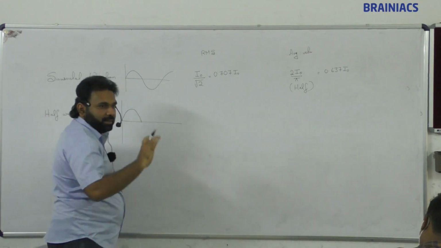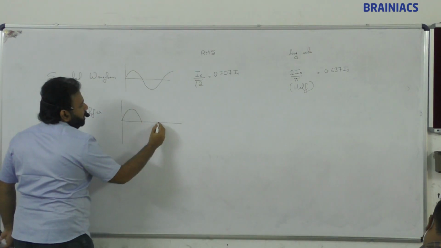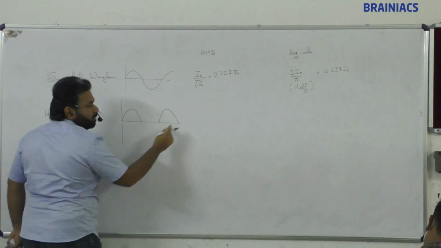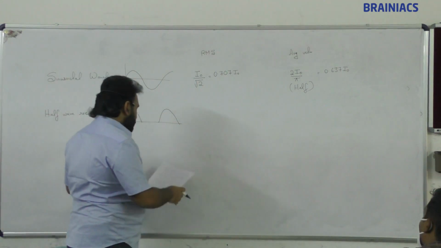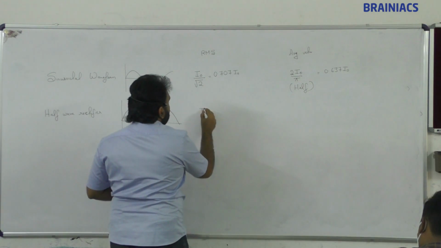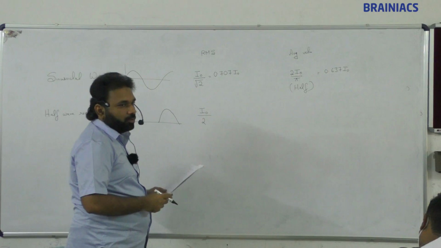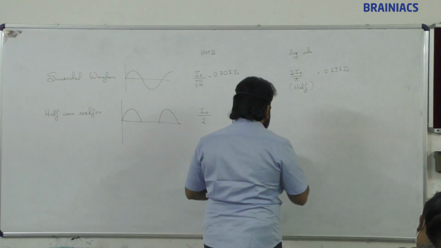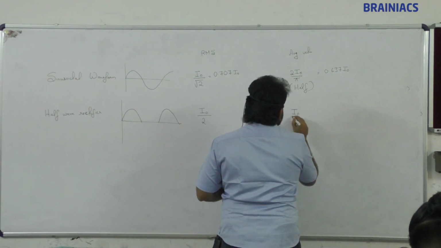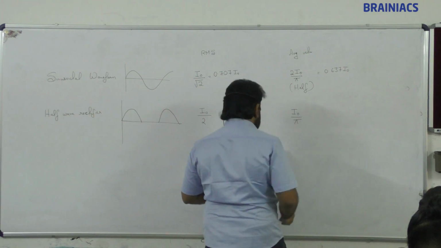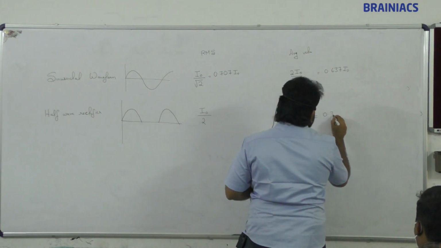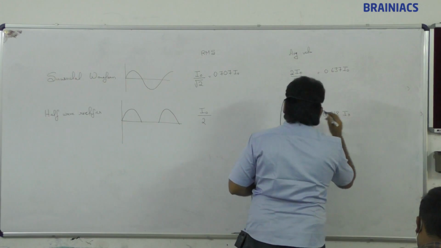Negative parts will be truncated. So in this part it is going to be vacant, only this will come. For half wave rectifier, the RMS value is going to be I naught by 2, and the average is going to be I naught by pi, 0.318 I naught.